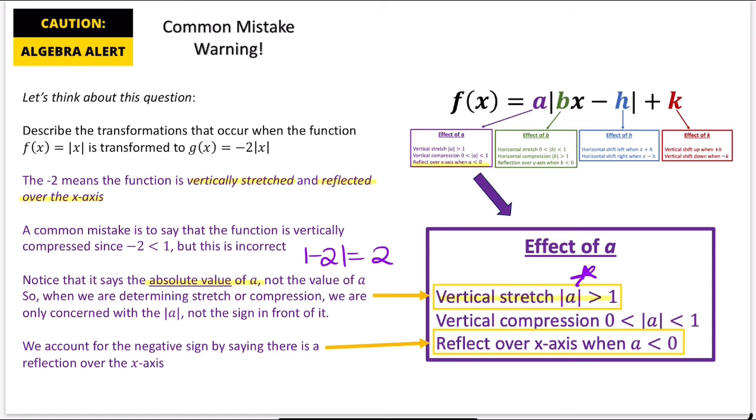Okay, so be very careful when you're looking at a and you're trying to figure out stretch or compression. Notice that it says absolute value. Please don't ignore the absolute value because that's when people were getting confused and they were saying, well, a is less than 1, so it's a vertical compression, and it's not vertically compressed. The negative means it's reflected, and the 2 means it's vertically stretched.